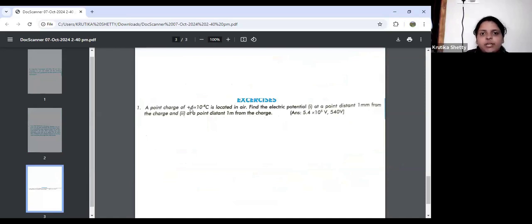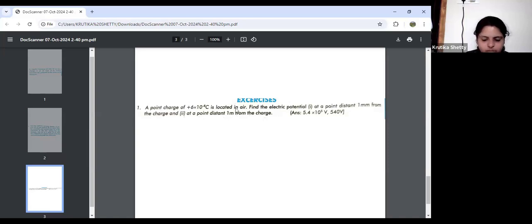A point charge of 6 into 10 raised to minus 8 coulomb is located in air. Find the electric potential at a point at a distance of 1 millimeter from the charge and at a point at a distance of 1 meter from the charge.